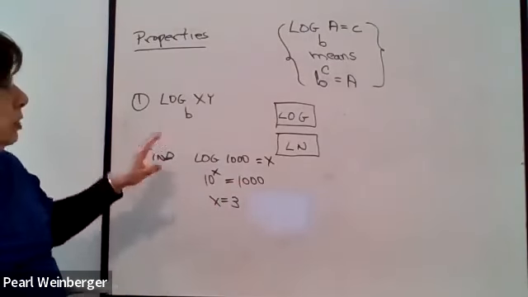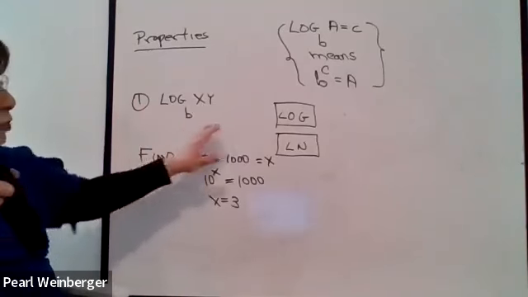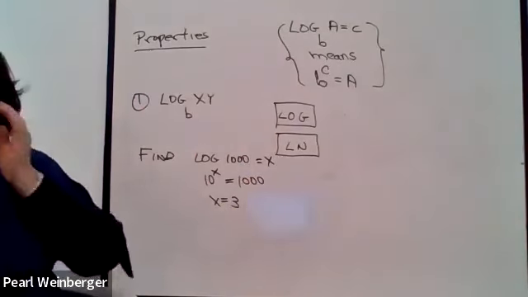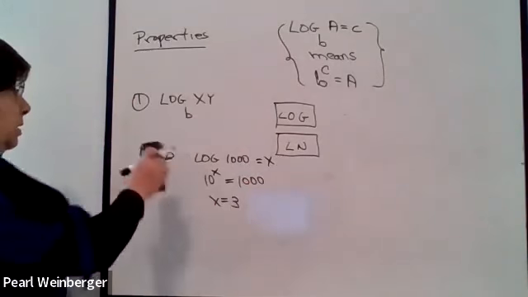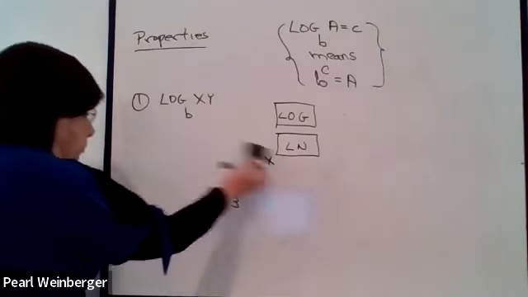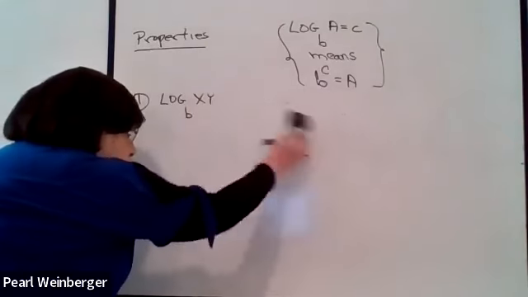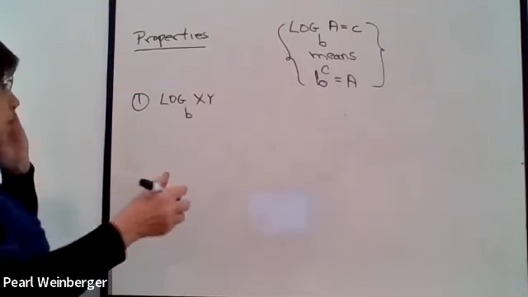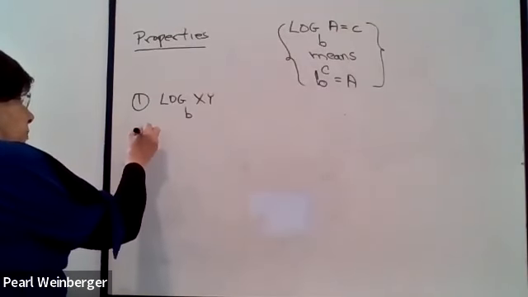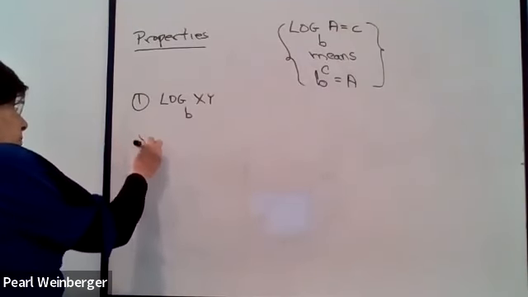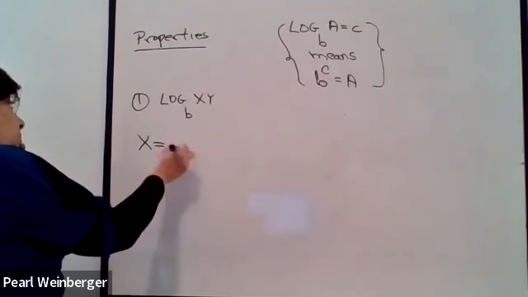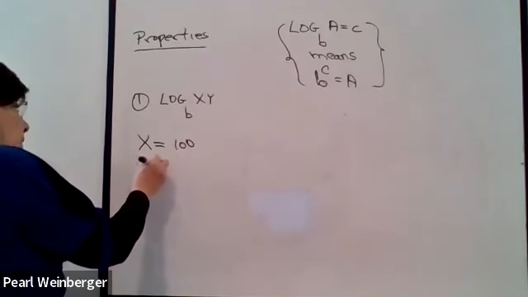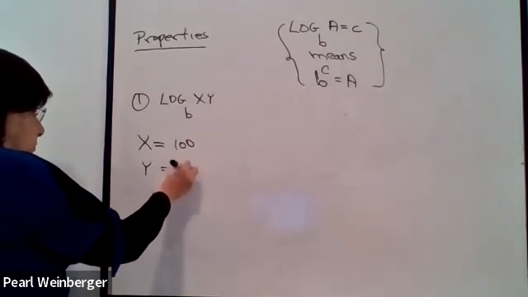Okay. So I'm going to do demonstrations using log base 10 because it's so easy to work with. Okay. So here's what we're going to do. Suppose I have my number X, let's call number X 100, and let's call number Y 1,000.